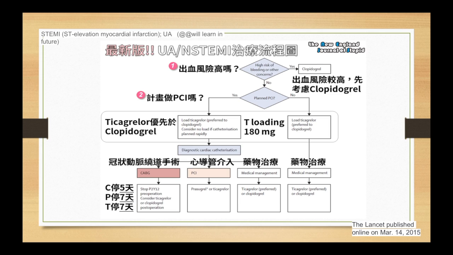If the answer is no, then we can use either CABG or PCI, which we have already mentioned before. And here are also some drugs we use to deal with this disease.